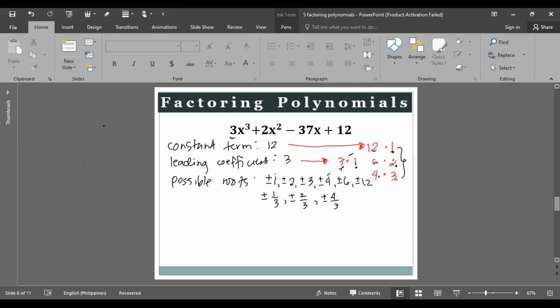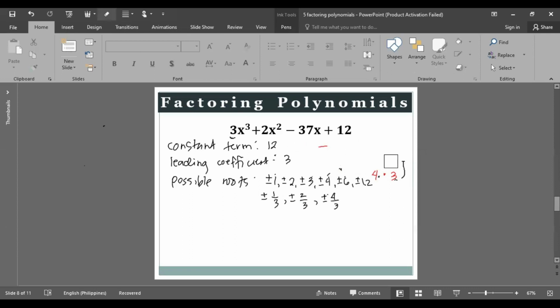Ang sunod na gagawin natin ay we divide each of the factors of the constant term by each of the factors of the leading term. Inisa-isa nating i-divide yung factors ng constant term sa factors ng leading coefficient. And isasali natin yun sa possible roots. Okay?